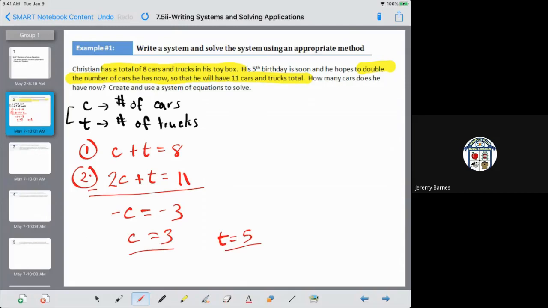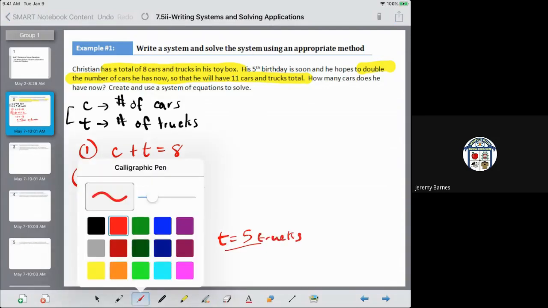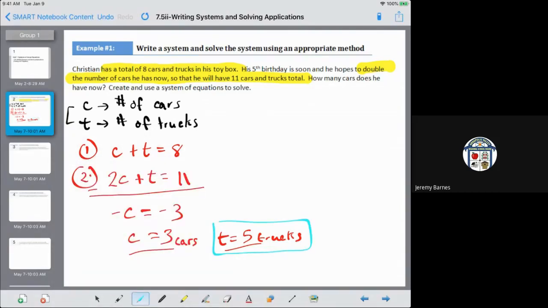That's how much he started out with initially. The one thing I will highlight, make sure you include units, because it's very important. What is it? 3 what? It could be 3 anything, right? You need to indicate that it's 3 cars and 5 trucks.